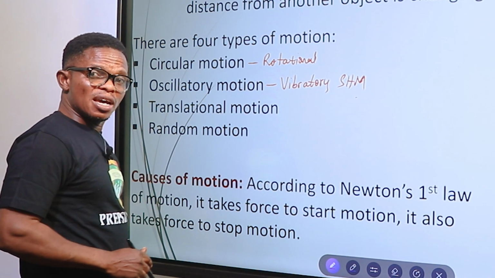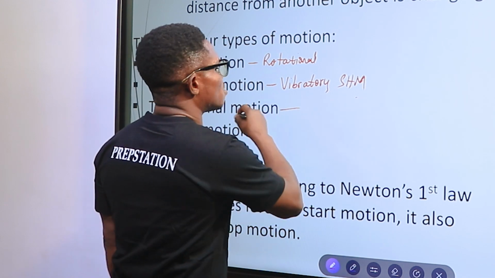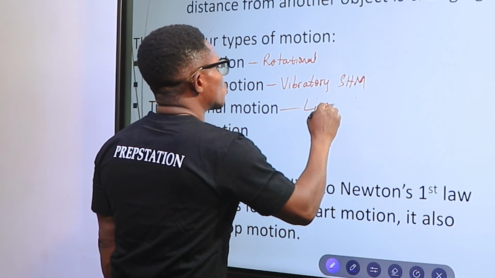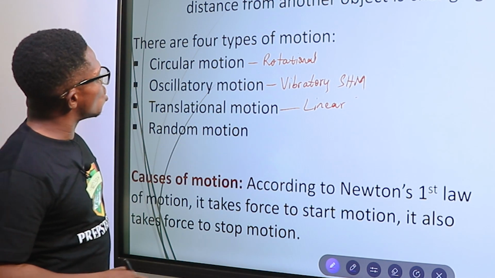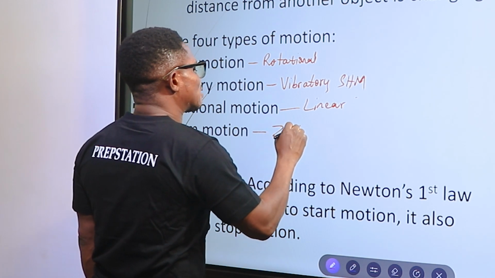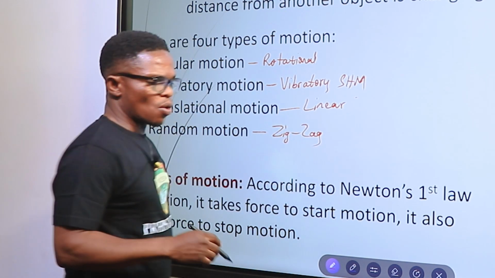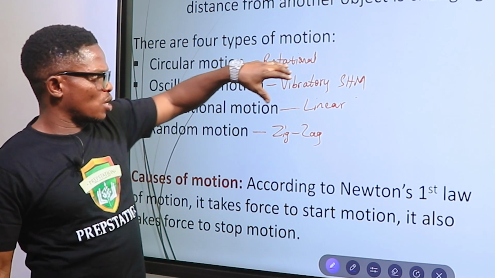Then number 3 is translational motion, which is also what we call linear motion. And then the last one is called random motion, or you can call it zigzag motion.